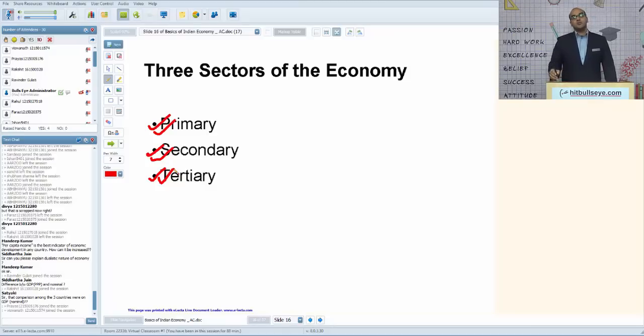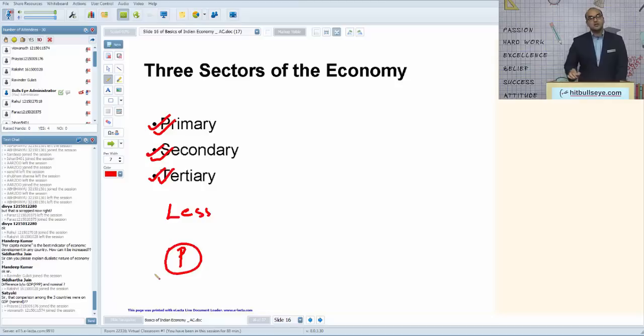Now, one common phenomenon that we have seen across the development of economies the world over: when the economy is less developed, the primary sector continues to be the dominant force in the economy.